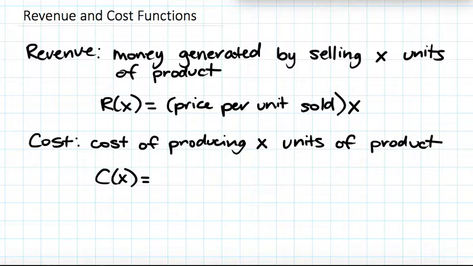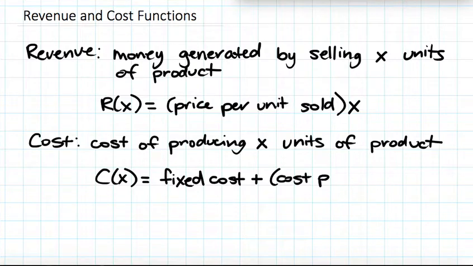We have what are called fixed costs, which includes things like rent or executive salaries. And then we have what are called variable costs that depend on the number of units of product that you're making and selling. So this would include things like materials, labor, etc. So the variable costs, we multiply the cost per unit by X.